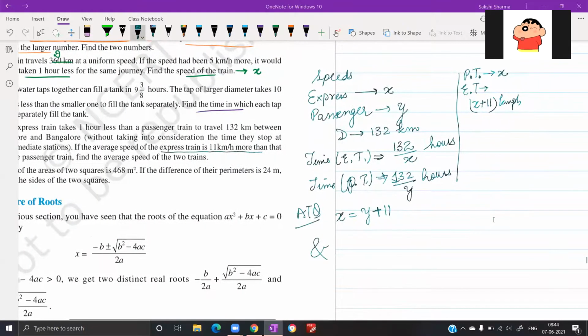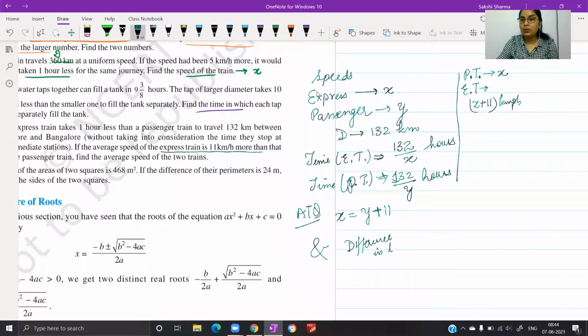Like express train minus passenger train. Sorry. We will subtract the time taken by the express train and the time taken by the passenger train. The difference in the time is equal to 1 hour. But जब difference लिखना है तो आपको larger value को पहले लिखना है.